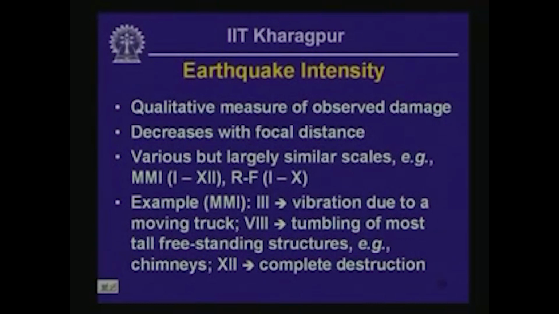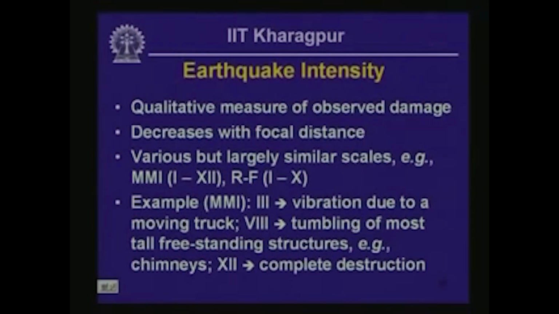Now, you have to measure the strength of an earthquake. One of the ways to express the strength of an earthquake is the intensity of earthquake. It is essentially a qualitative measure of observed earthquake damage. It decreases with distance.